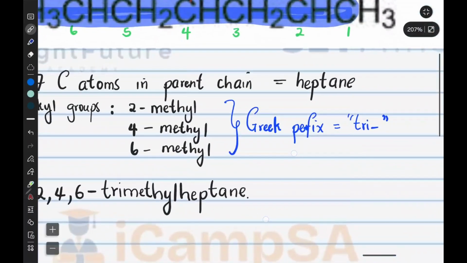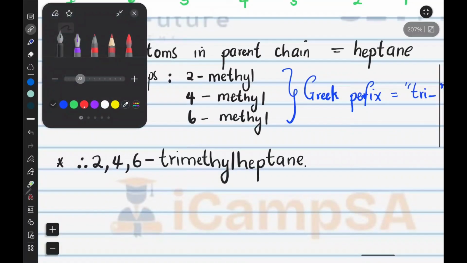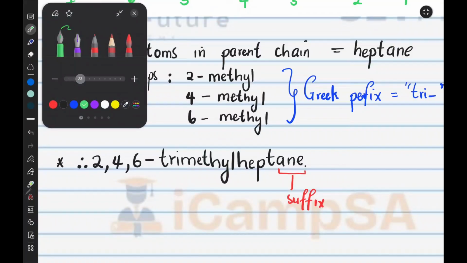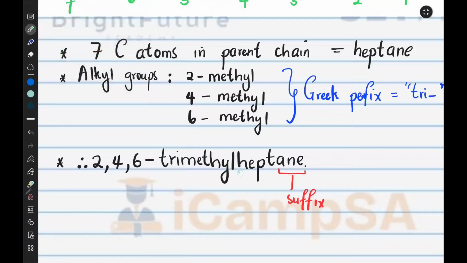Okay, so if you remember, once again, that would be our suffix. This would be our stem.